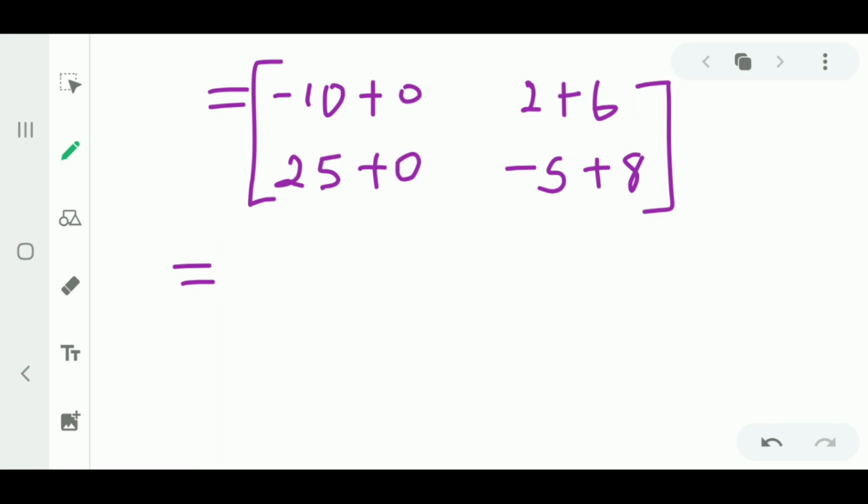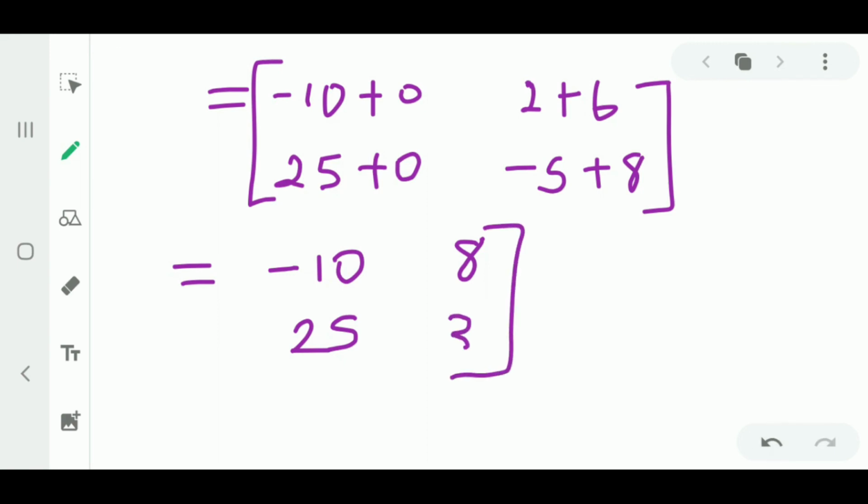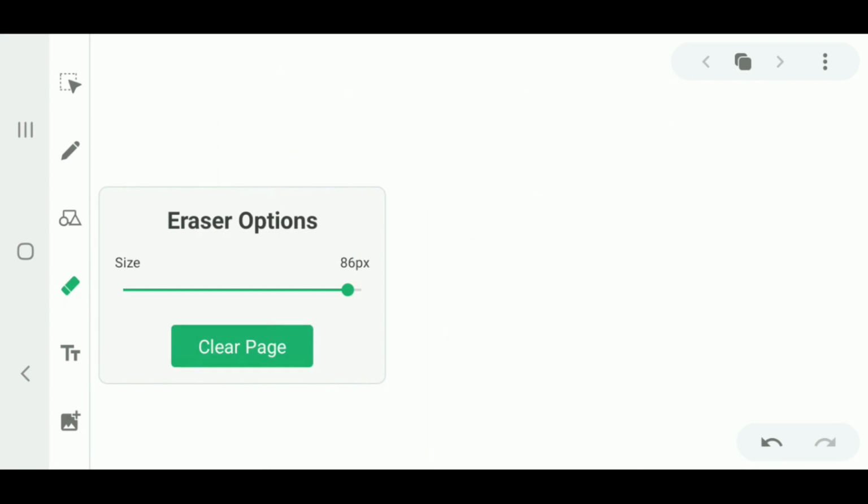Now we just add these. So minus 10 plus 0 gives you minus 10. 25 plus 0, 25. 2 plus 6. And minus 5 plus 8 gives you 3. Let's say we wanted to find, so we still have A as this figure here.